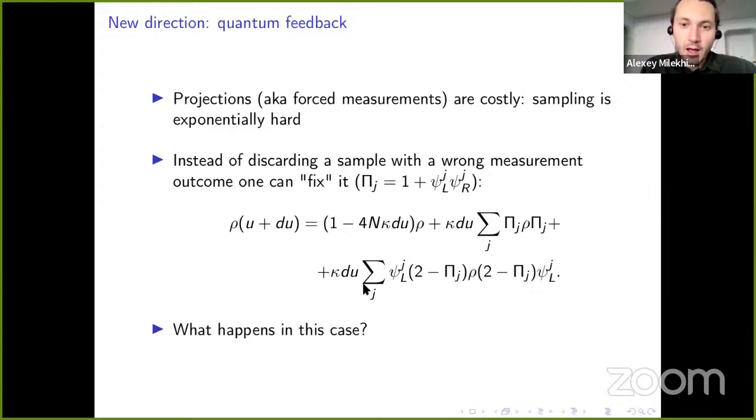But now I say, okay, it ended up in a minus 1 state, and I don't want to throw it away because I don't want to prepare my sample again. Instead, what I can do is I now know the state of where it got projected, and it's a wrong state. It's a minus 1 state, but I know what it is.